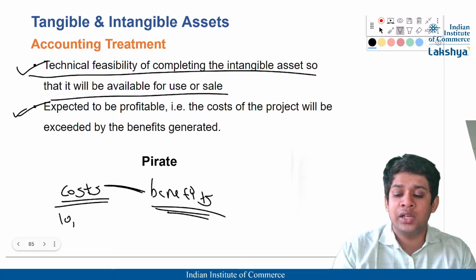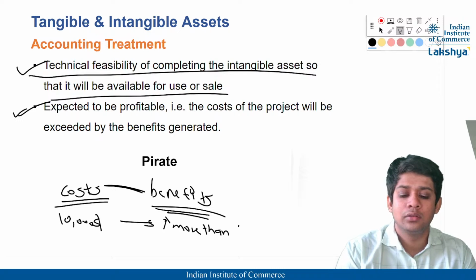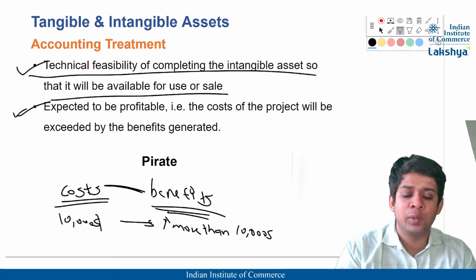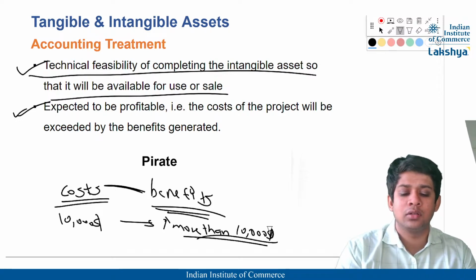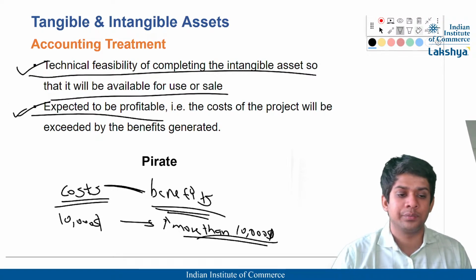Maybe the costs incurred are $10,000. So at least the benefit should be more than $10,000 so that the project would be considered profitable. So that means it is expected to be profitable.